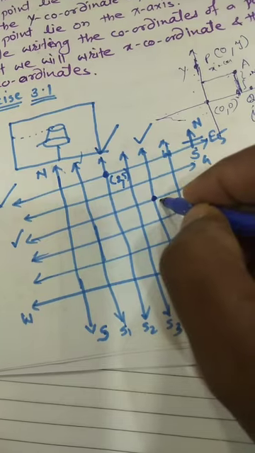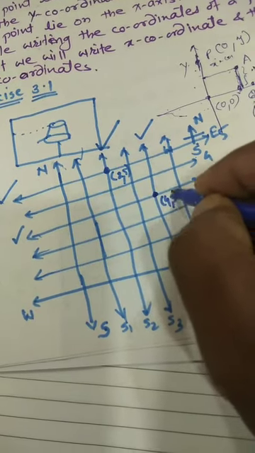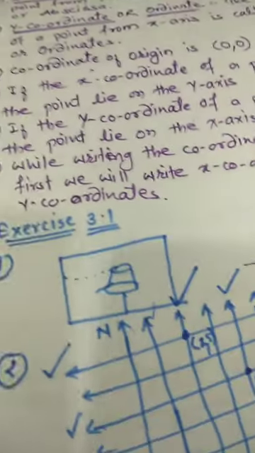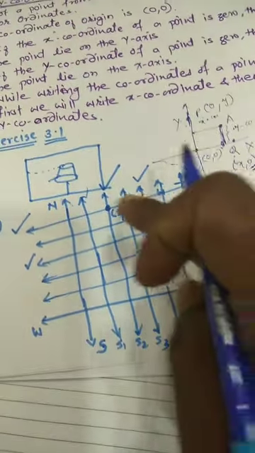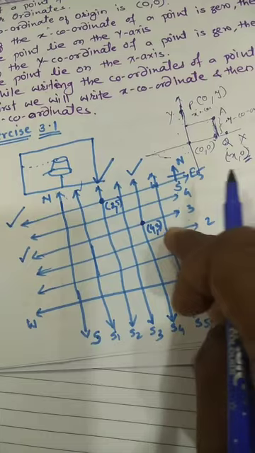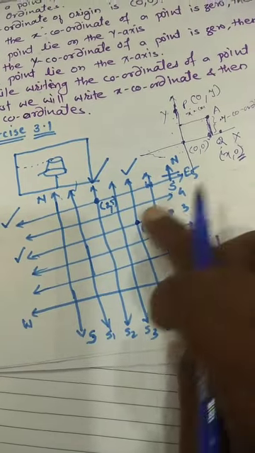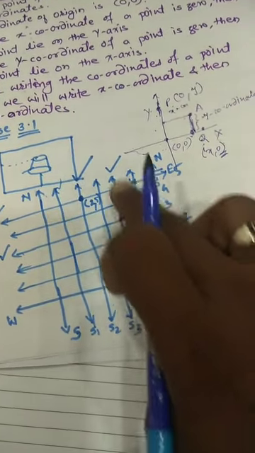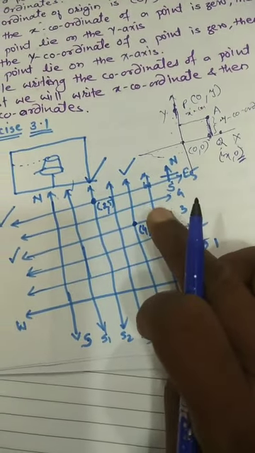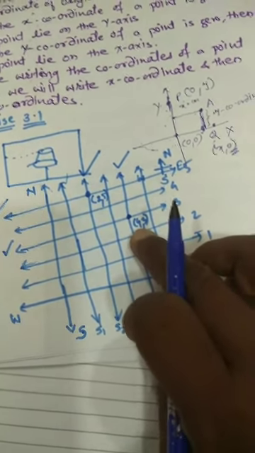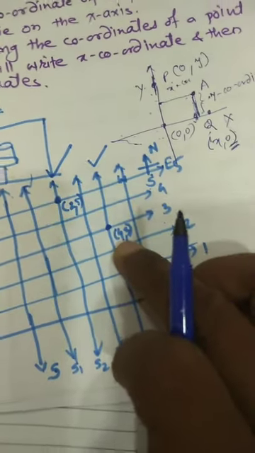So this is 4, 3. How many crossings can we give 4, 3? Only one. Is there another crossing? No. So one and only one crossing is referred to as 4, 3.